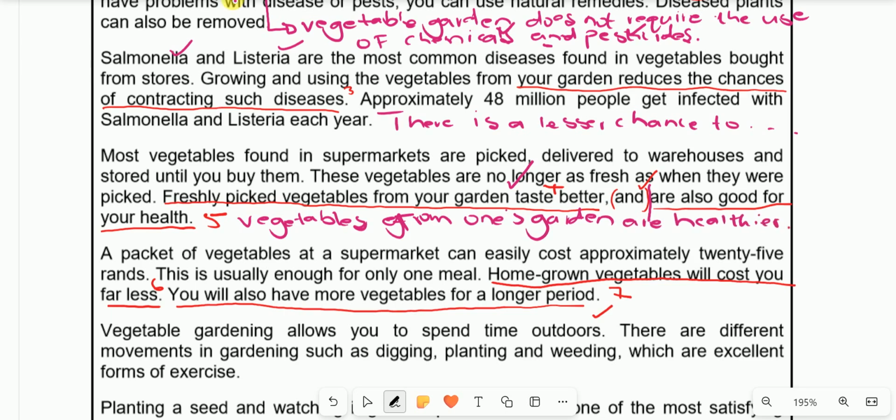So I've changed this by adding a suffix, from health to improve your health, to say they are healthier. So ultimately, if you say they are healthier, it's still synonymous with that they improve what? Your health.